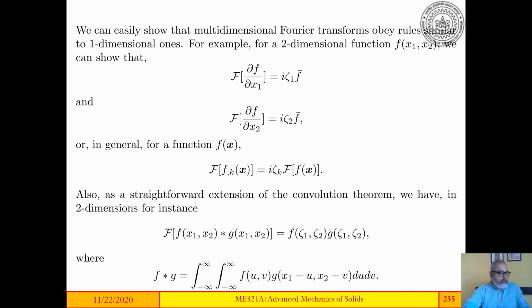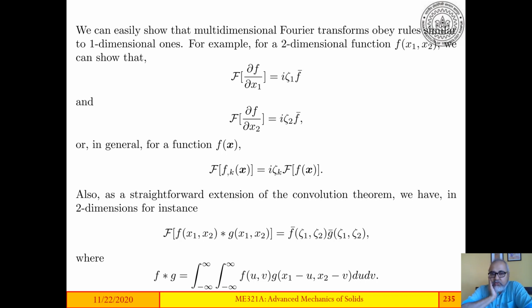Okay, so let me stop here for the time being. We will derive a few three-dimensional and two-dimensional Fourier transform pairs in the next class, and we are going to use those. We are going to build them, because this is not available as it is in any book. So we have to derive our own relations and keep them together in one place so that we can use them to quickly solve some problems.